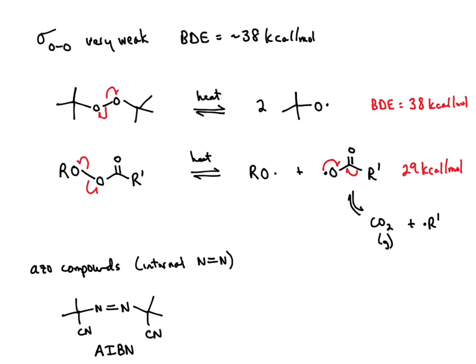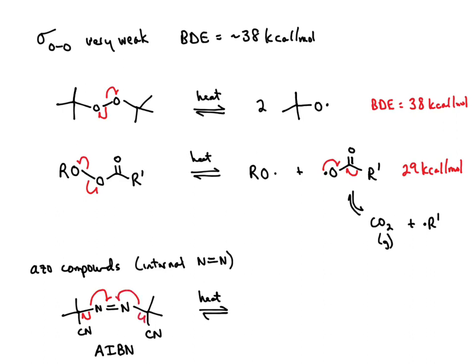That stands for azo-bis-isobutyronitrile. All right, this AIBN can undergo homolytic bond cleavage, but in the process you generate a molecule of nitrogen gas. And so follow along with the curly arrows. We're going to break this bond homolytically, and at the same time we're going to break this bond homolytically.